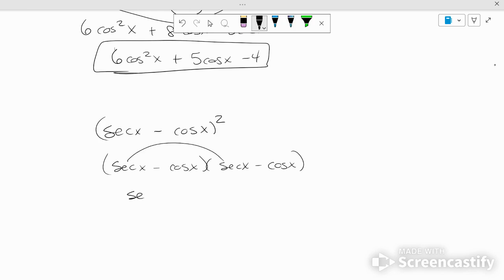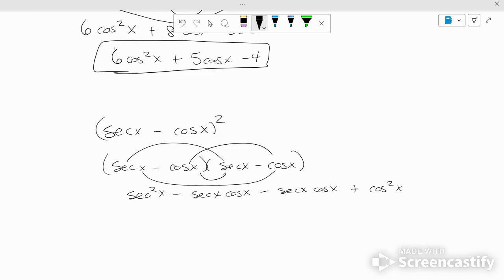Secant times secant is secant squared of x. Outers is minus secant of x cosine of x. Inners is minus secant of x cosine of x. And last, a negative times a negative is a positive cosine squared of x.